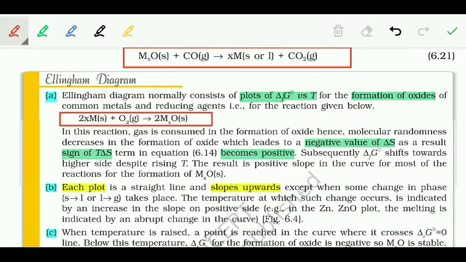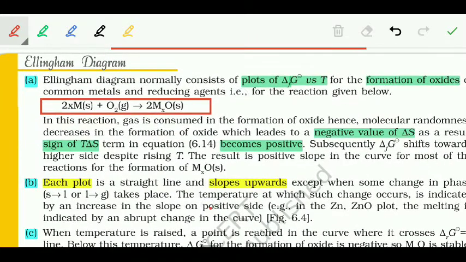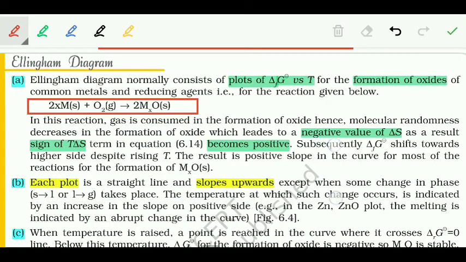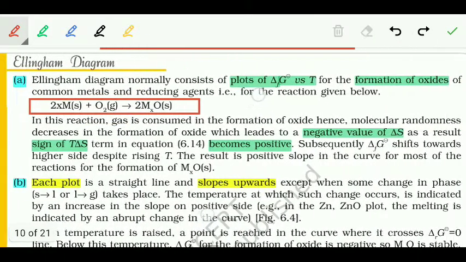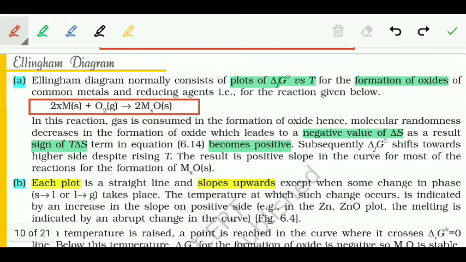It means the Ellingham diagram gives us information about this kind of reaction, shown in the red box. In this reaction, gas is consumed in the formation of the oxide. You can see that here oxygen is in gas form. That's why they say gas is consumed in the formation of the oxide.